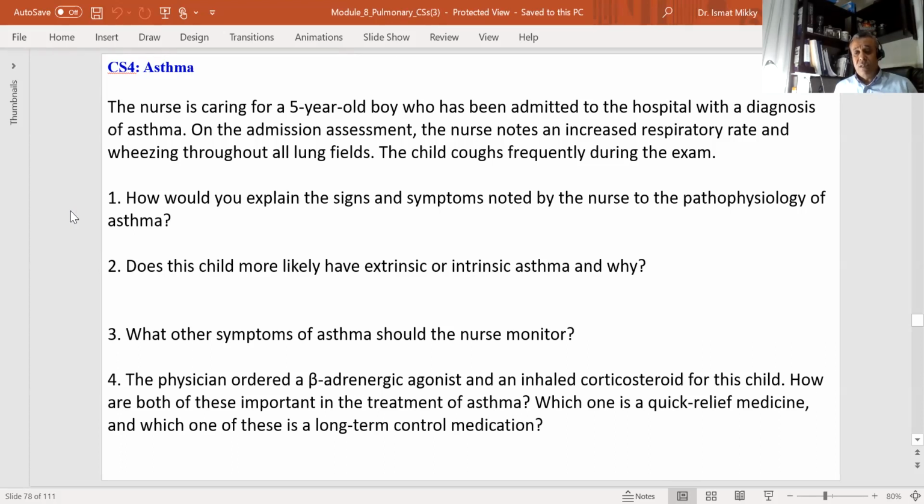The second important component is the inflammatory response. So the first one is the increased airway reactivity that is associated with bronchospasm or bronchoconstriction when exposed to the allergen or the irritant. Now, the second component pertains to the inflammatory response that occurs with increased swelling of the airway.